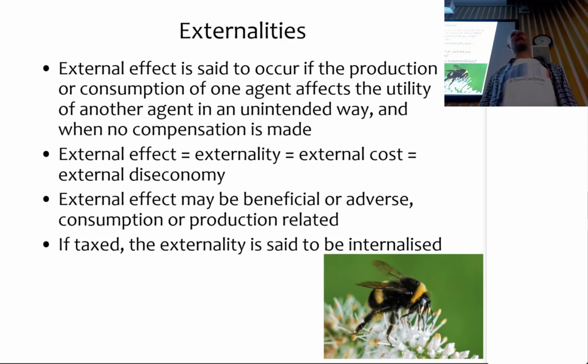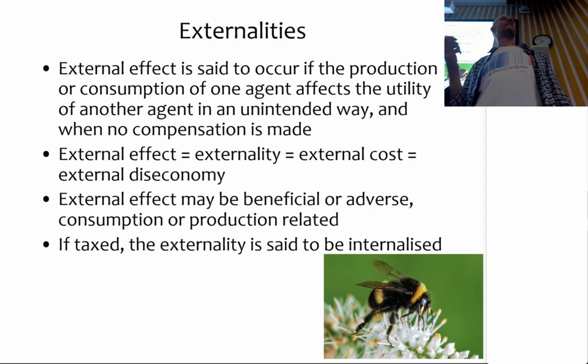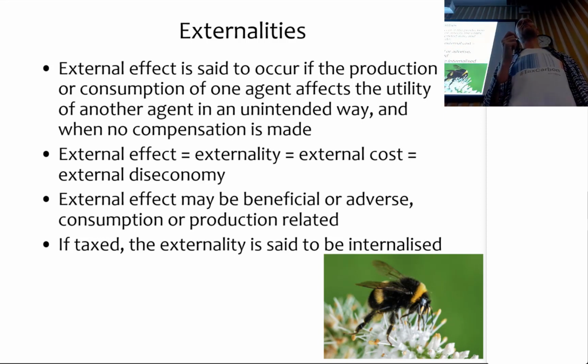The old textbook example is the honeybee, right? If you're a beekeeper, you keep bees to make honey. That is your intention. And then the unintended consequence of your beekeeping is that they go out and pollinate the orchard next door. That is not your intention, right?